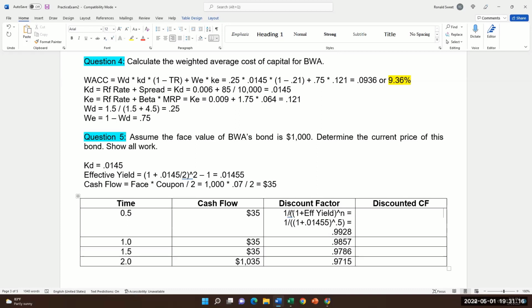And that should give you cash flows of 34.75, 34.50. You can have some rounding issues. I don't count off for rounding, so don't worry about that.